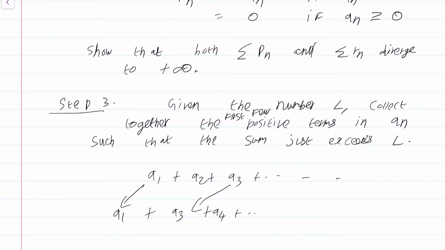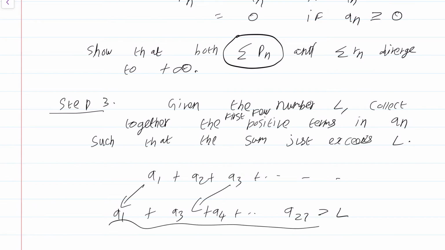Because the summation of the positive terms Pn diverges to infinity, there will come a point, let's say A27, such that it just exceeds L. That means if I sum up the first 26 terms, I should not exceed L. But the moment I sum up the first 27 terms, sorry, I made a mistake.